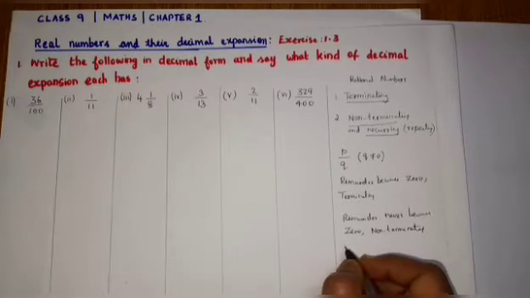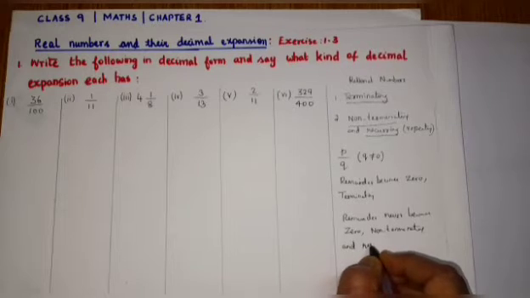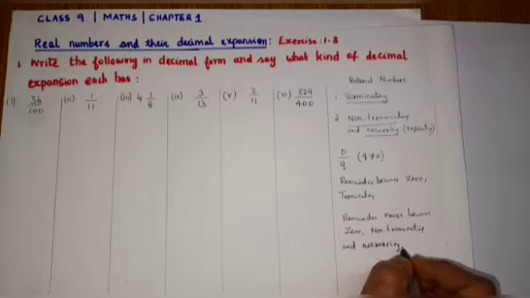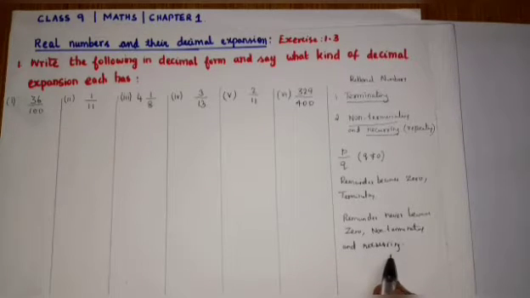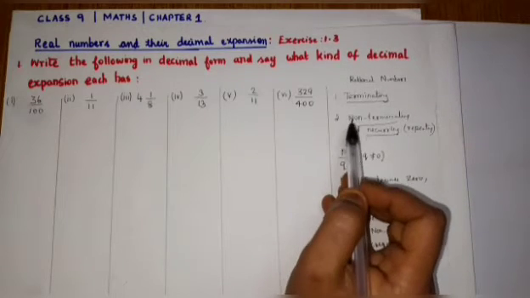And since some block of numbers repeats, it is said to be recurring, non-terminating and recurring.